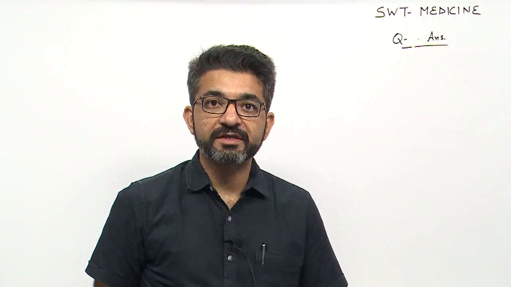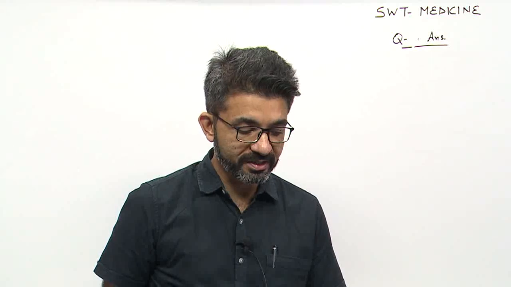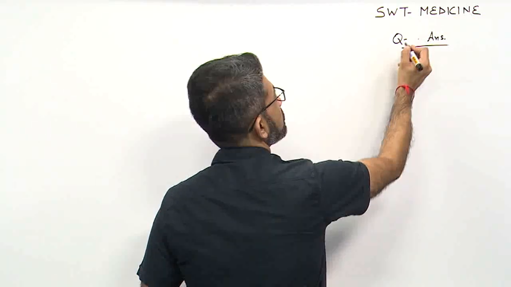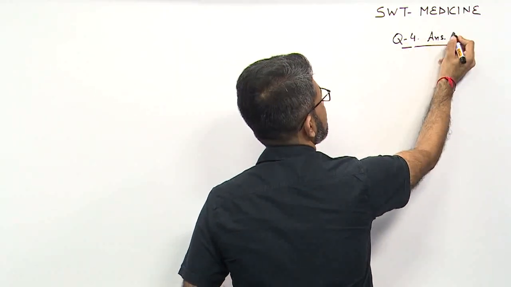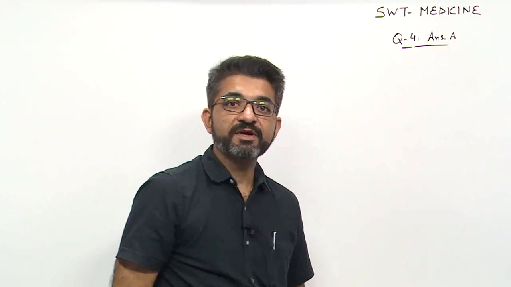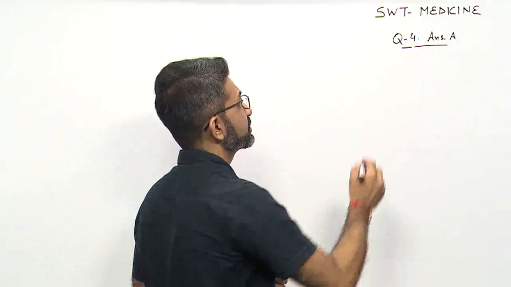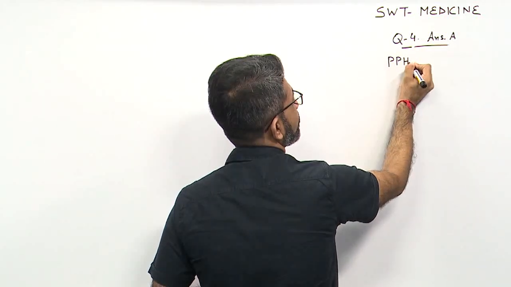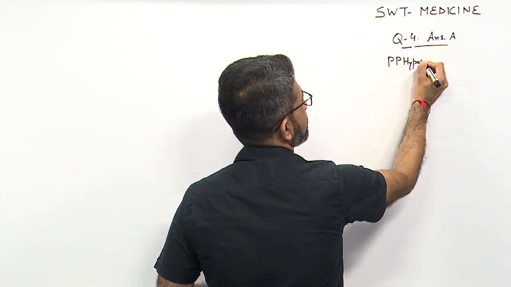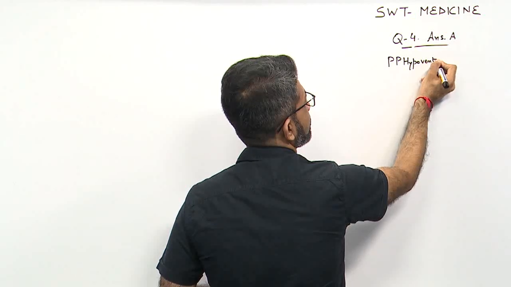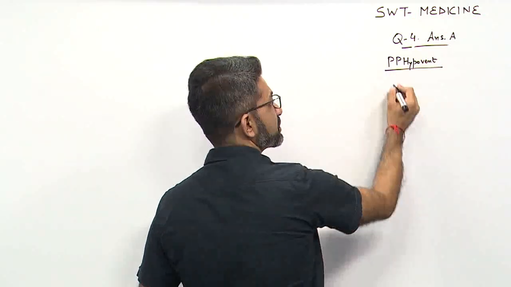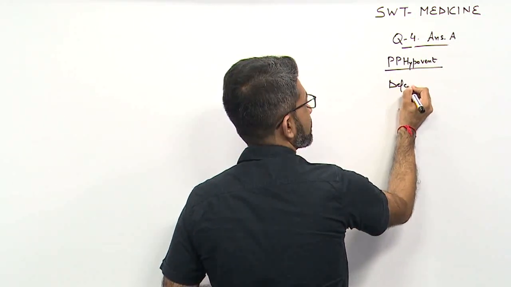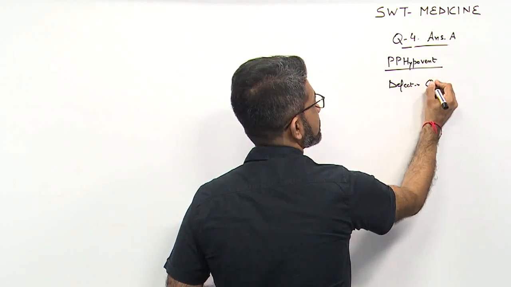Question number 4 is regarding primary pulmonary hypoventilation. So, the basic defect is in chemoreceptors.